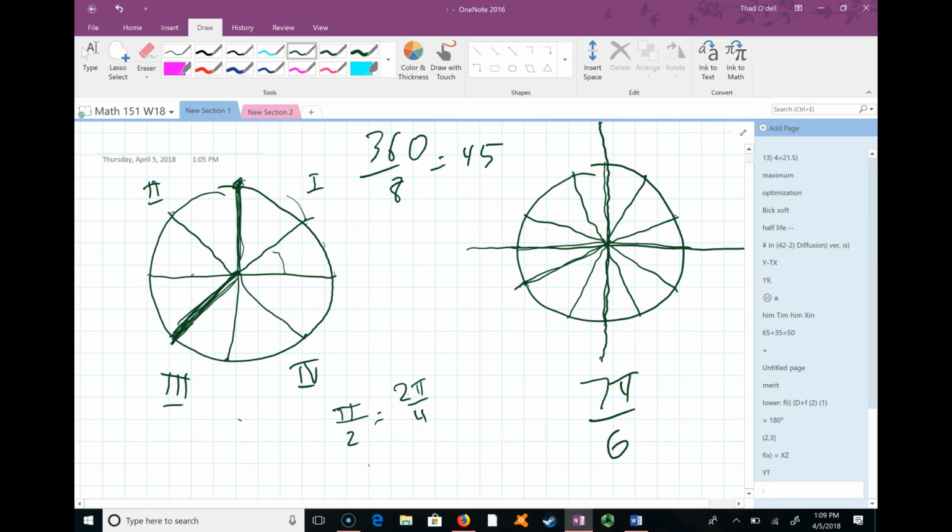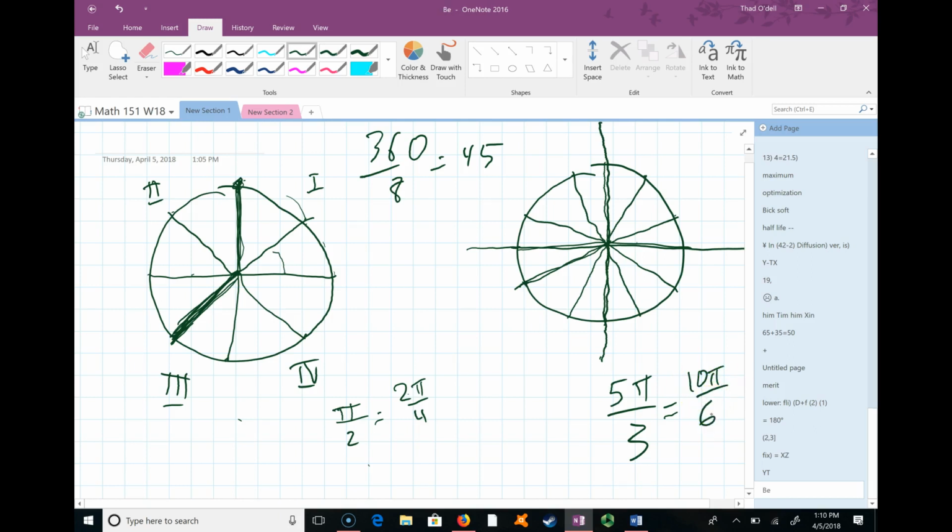So one thing that you need to do as a student is to get very good at finding your way around the circle when I give you some multiple of pi over 6 or some multiple of pi over 4. Notice like we did over here also, if I have 5 pi over 3, even though that's not a pi over 6, we know there's an equivalent fraction that would be 10 pi over 6.